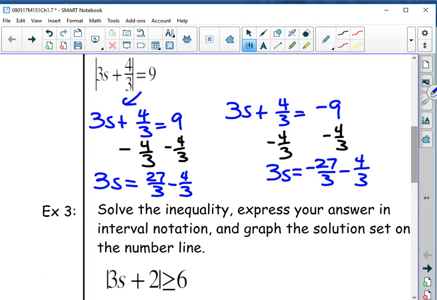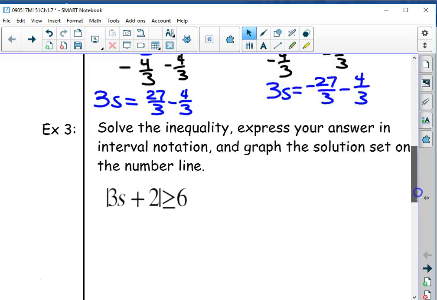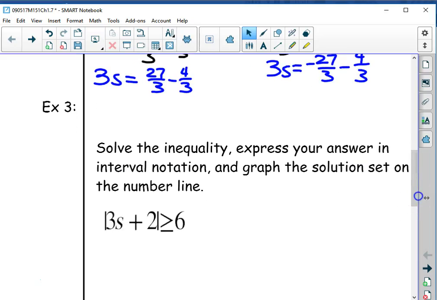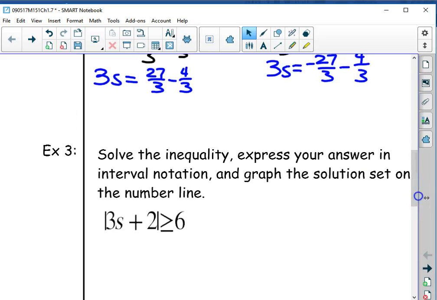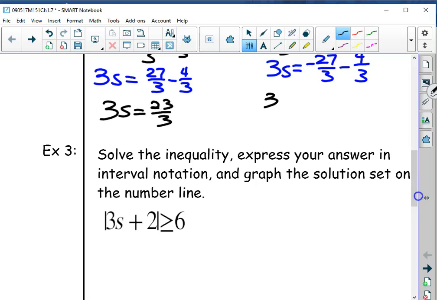Putting those together, 3s equals 23/3 and 3s equals negative 31/3.